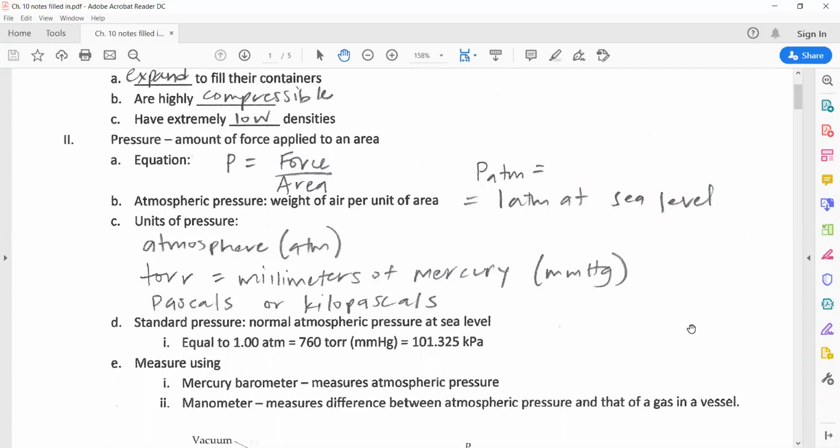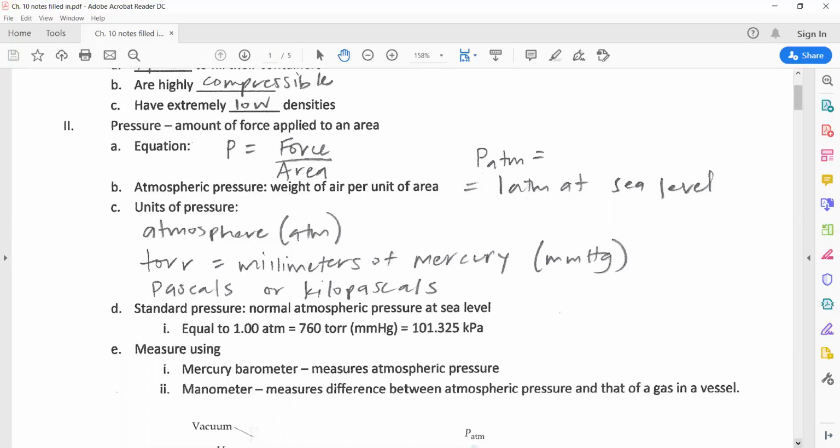And at sea level, the mercury would rise to 760 millimeters. And that's where millimeters of mercury is coming from. 1 millimeter of mercury is the same thing as 1 torr. Just like 760 millimeters of mercury will be the same thing as 760 torr. Those are interchangeable. And then there's also pascals and kilopascals, where kilo is just, once again, 1,000 normal pascals.